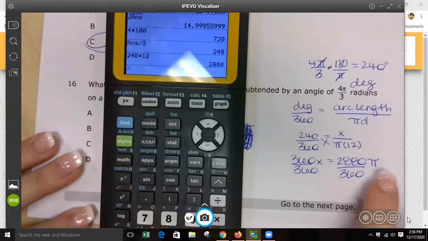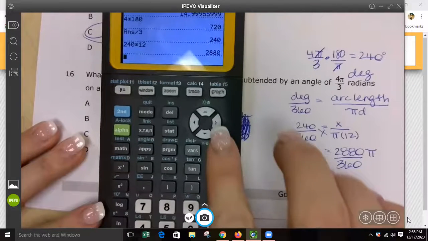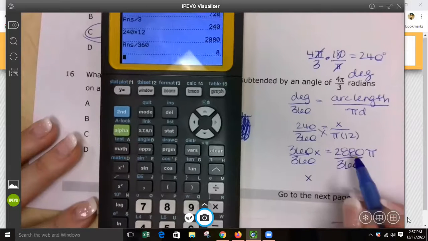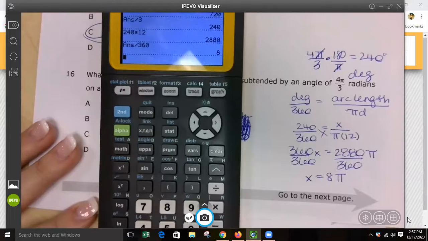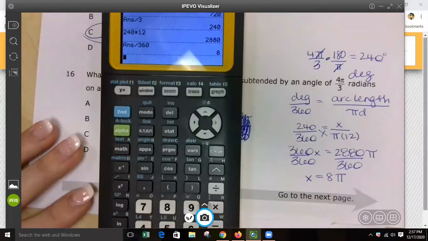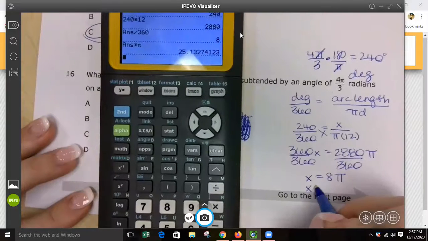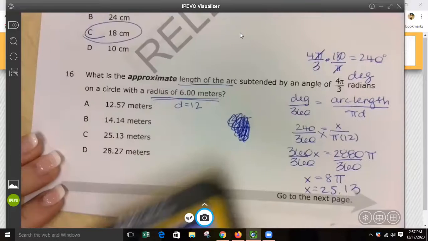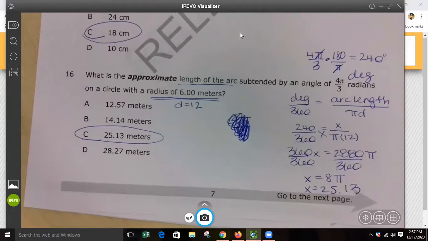And again, all this does, leaving it in pi, is keeping you from having fractions and decimals in there. So when we divide 2880 by 360, we get 8 pi. And then now I'm going to multiply by pi, which gives me 25.13. And then we're done.